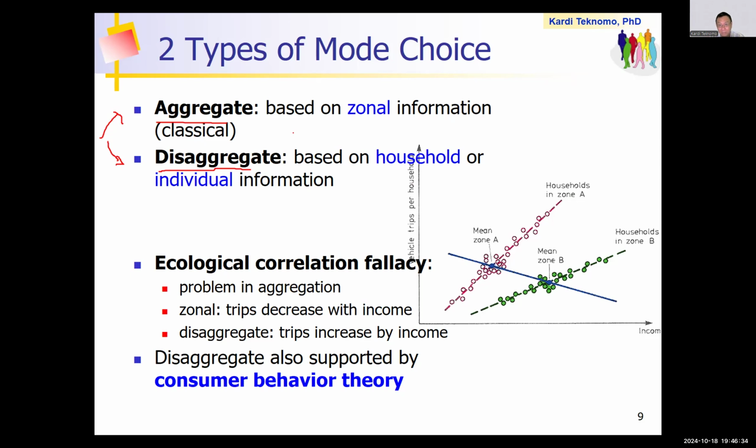So based on zone, you aggregate how many people are coming from zone A to zone B. And this disaggregate method is not based on the zone, but based on household or individual. And the studies show, this graph is very important to show. Suppose this is the income, and this is the vehicle trips per household.